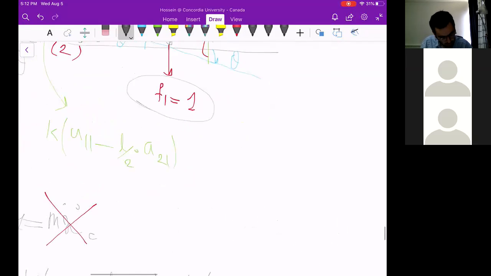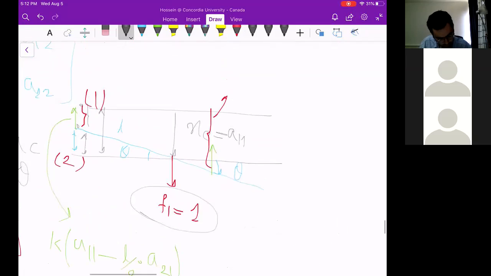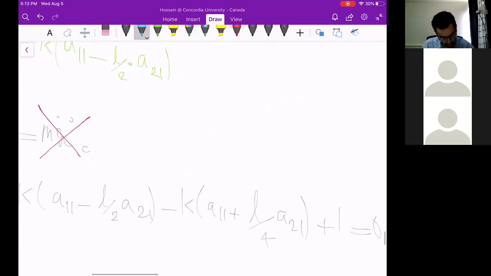Here, similarly for the spring force, this length is L over 4, this is theta, and the deflection is A11 plus L over 4 multiplied by theta, which is A21. So the red is A11 plus L over 4 multiplied by A21, the total deflection at the right spring.